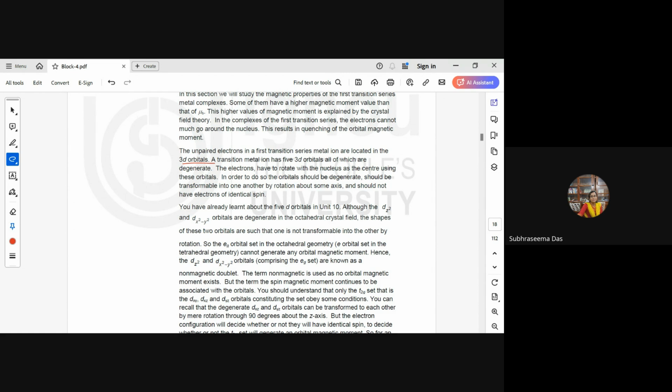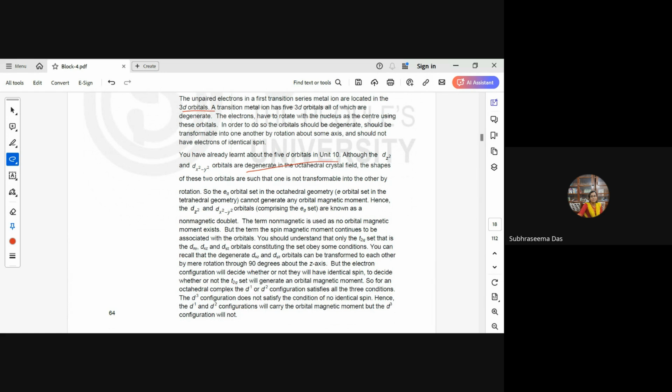In doing so, they should be degenerate in nature. However, although the dz square and dx square minus y square orbitals are degenerate in an octahedral field, their shapes are such that one is not transformable into the other by rotation. So the symmetry in the eg set cannot generate any orbital magnetic moment.